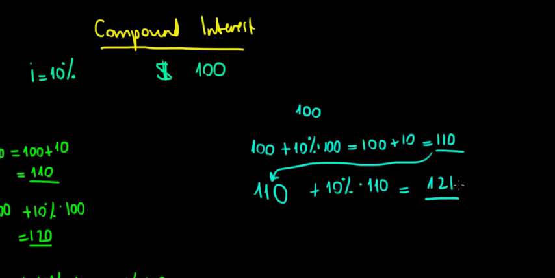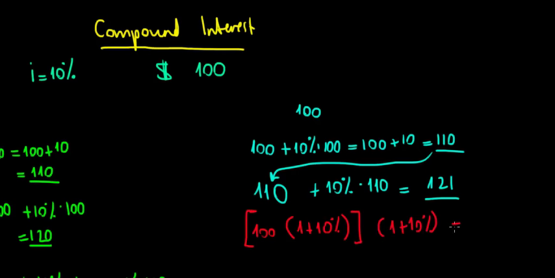Now, how can we write 121 in terms of $100 initially? Well, all we did was take the $100 initially, take the 10% for the first year, and take 10% of it again in the second year. So on everything we took once again 10%, 1 plus 10%, and that leads us to 121.